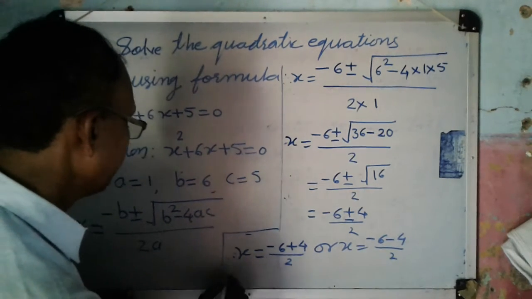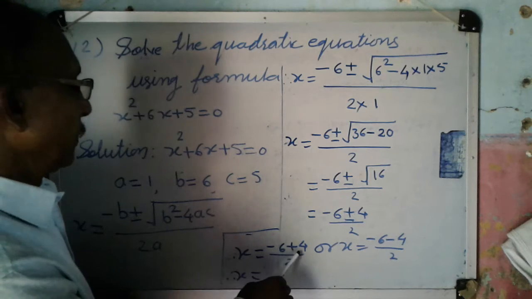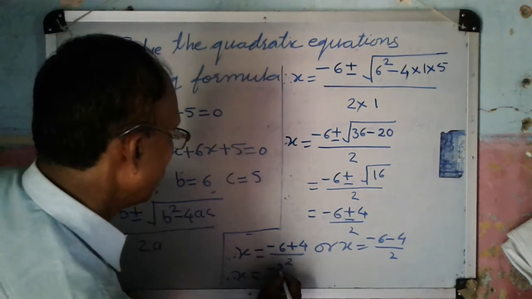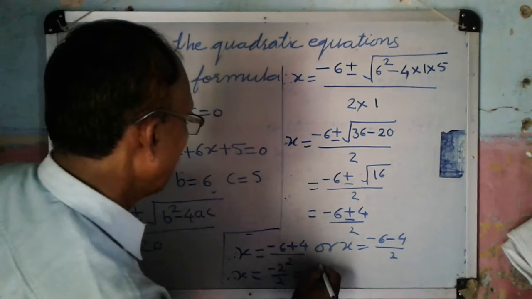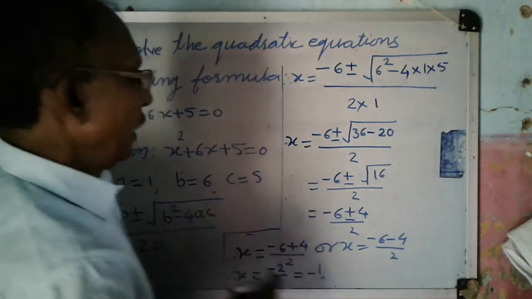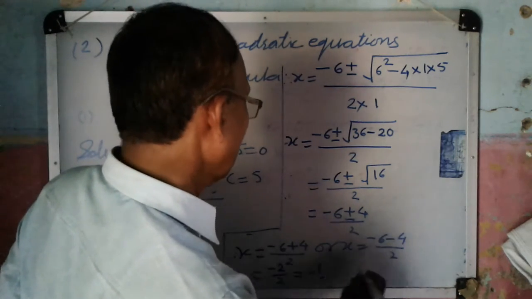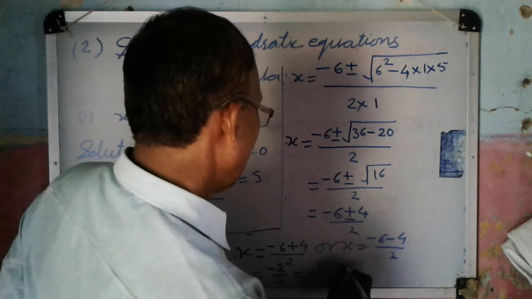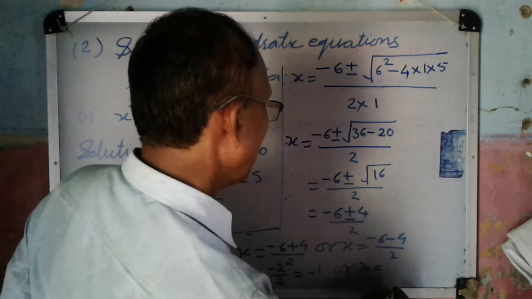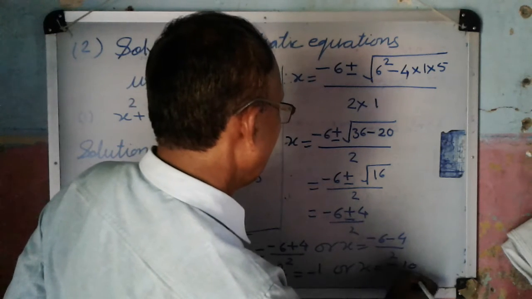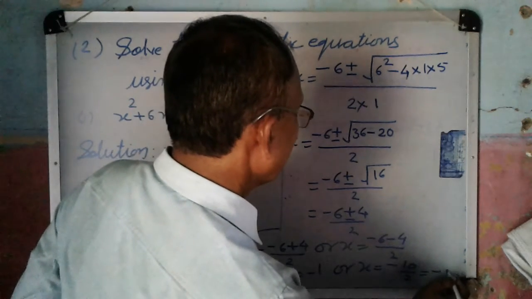That is equal to minus 6 plus 4 we get minus 2 upon 2. Minus 2 upon 2 we get minus 1. And here minus 6 minus 4 we get minus 10 upon 2, minus 10 upon 2 we get minus 5.